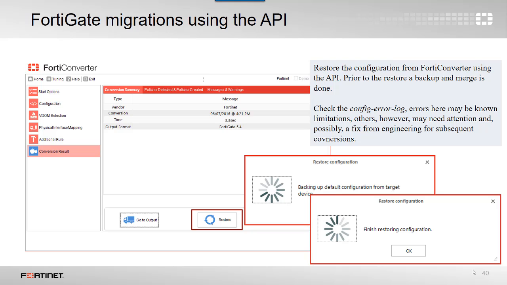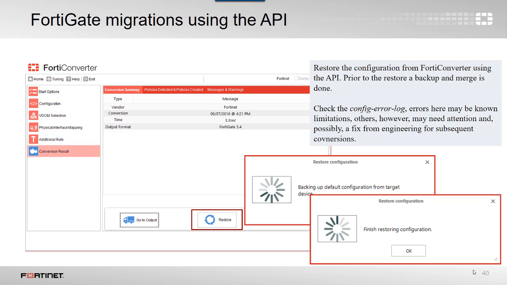Once the conversion is done, I can look at the output just to see what the conversion output looks like. Then when I hit restore, it's the same procedure as before. It's going to recover the running default configuration, and then it's going to build a new configuration by taking that default configuration and appending the migrated objects.